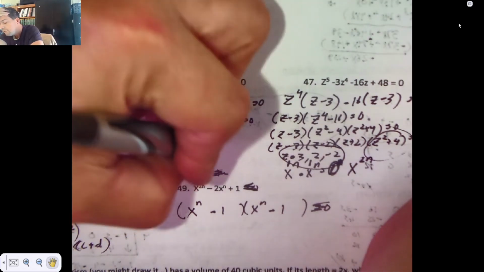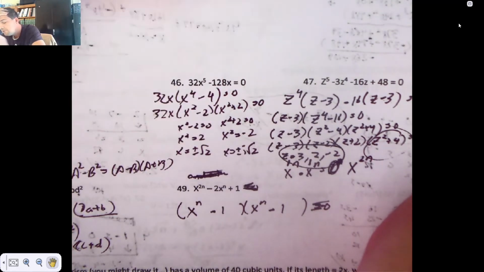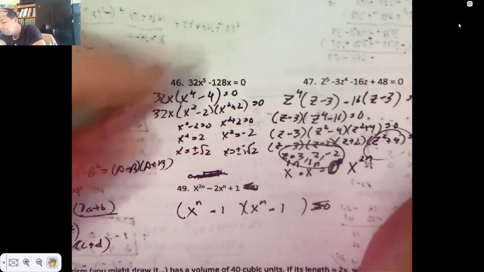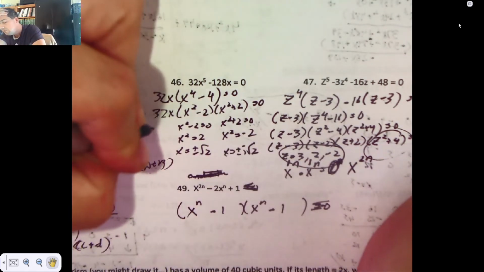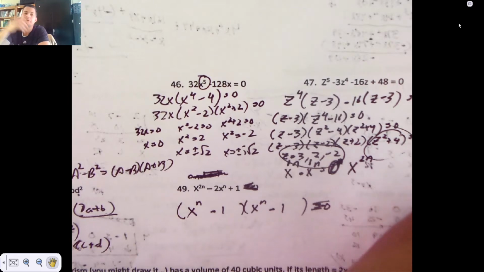So if x squared is 2, x is plus or minus root 2. This one is going to be imaginary. It's going to be plus or minus i root 2. So there's 4 distinct solutions. Then there's that big one up top, 32x equals 0, which means that my x is 0. 5 answers for x to the fifth. Fundamental theorem of algebra.